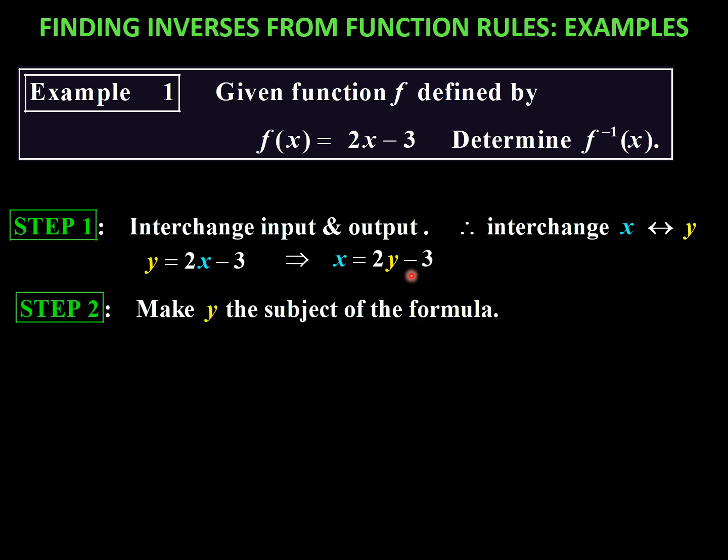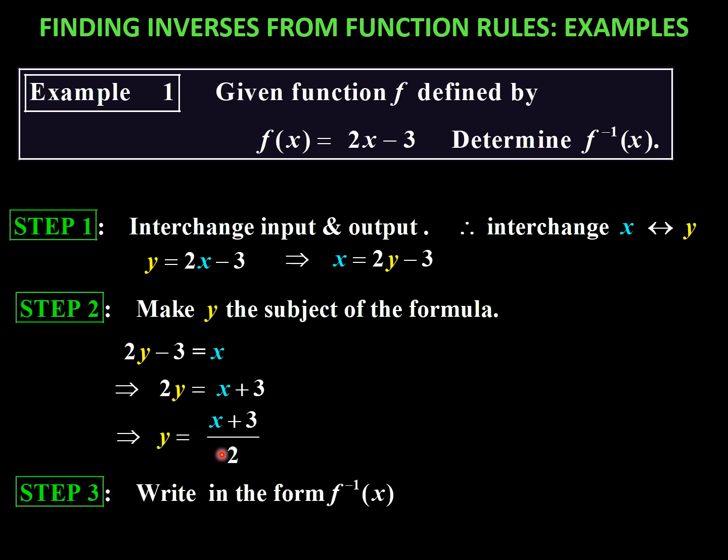Next, we want to make y the subject. So to do that, it's much better writing 2y minus 3 and put equal to x on the right hand side. Now we have to do the inverse operations. Instead of subtracting, we add. Instead of multiplying by 2, we divide by 2.